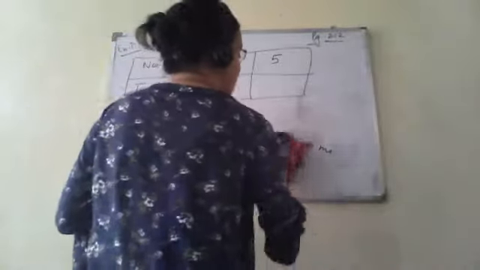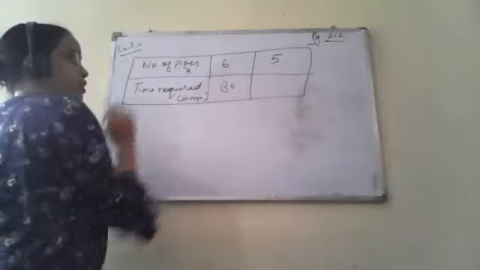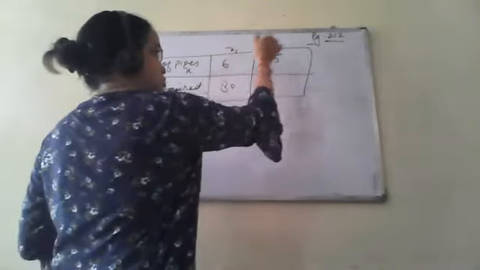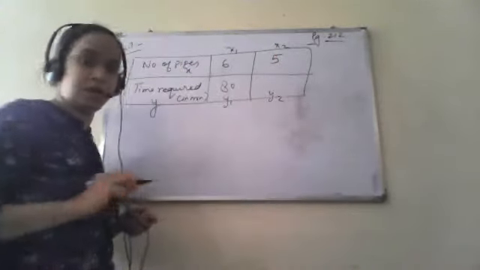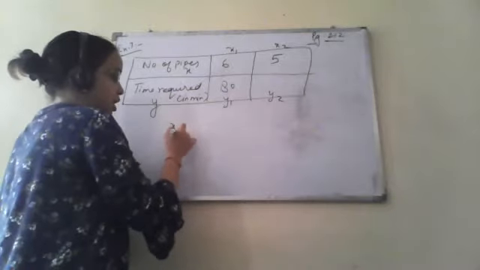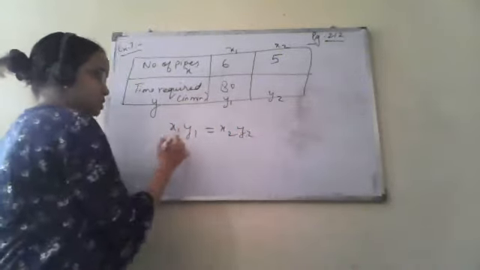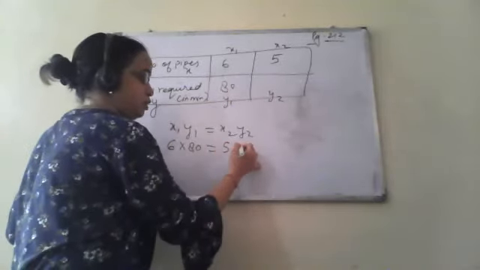So this is inverse variation. This we can take as x, this is y. Corresponding values x1, x2, and y1, y2. Clear? So what we have, x1 y1 equals x2 y2. That means 6 into 80 equals 5 into y2.